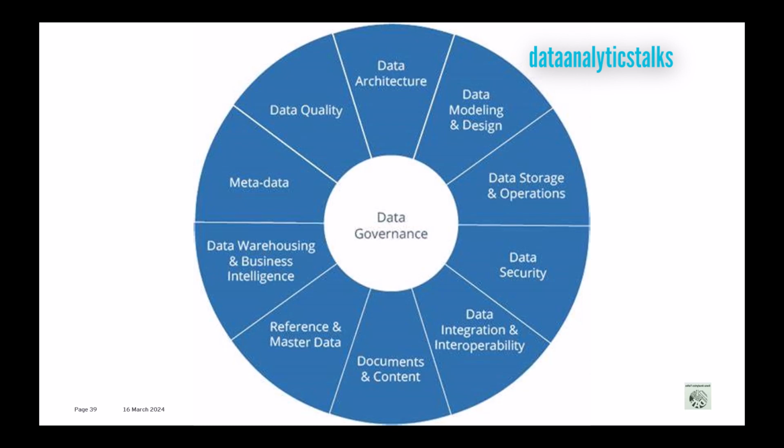As I mentioned already in one of the videos, this is the DAMA wheel where data governance is placed at the center and all the data management activities are surrounding this data governance. So it's a very, very important step in MDM, setting up the governance policy around data.